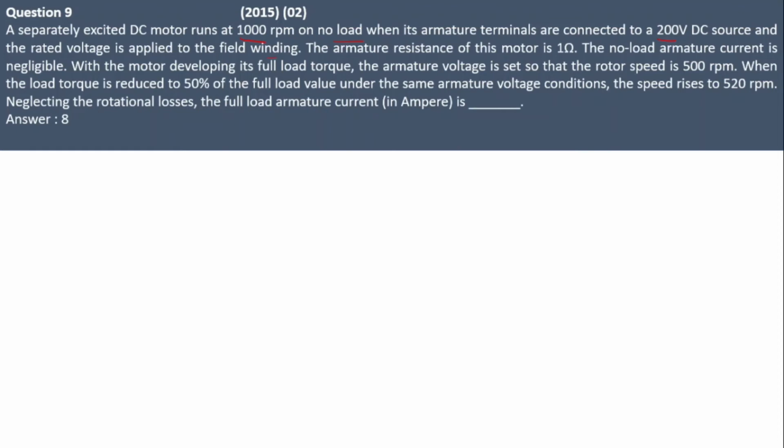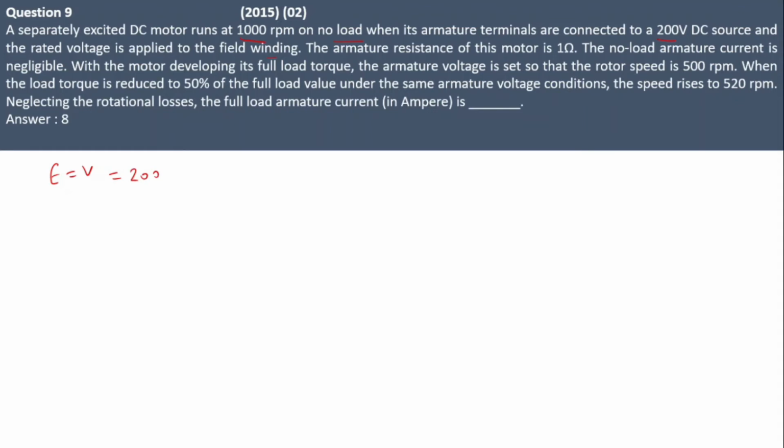So read this numerical. The armature resistance of the motor is 1 ohm. The no load armature current is negligible. So if the current is negligible at no load, you can say E equal to V equal to 200.